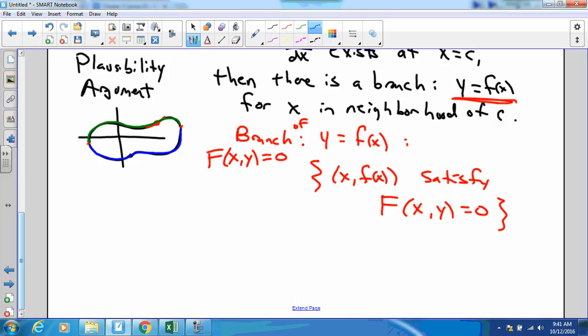And when we get to differential equations, we're going to talk about branches, but we're going to impose an additional condition, and that is that these branches have to be smooth. They cannot have any points of non-differentiability whatsoever. Yes?